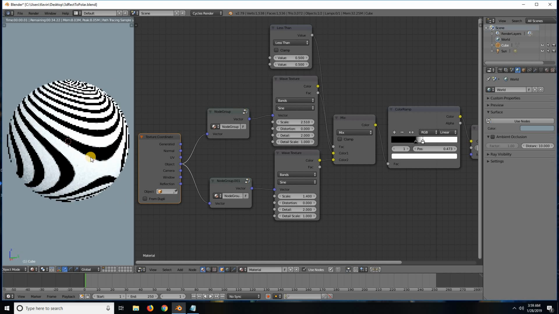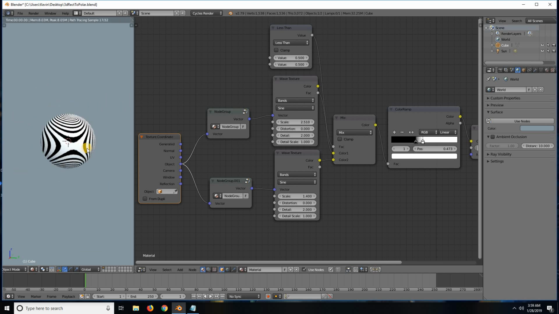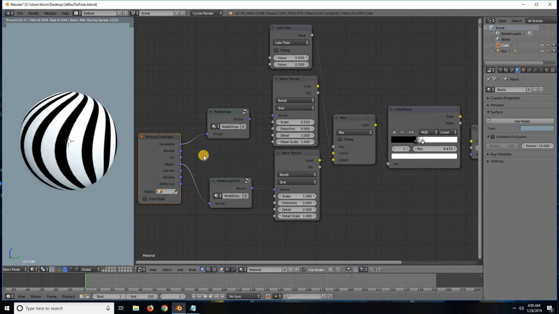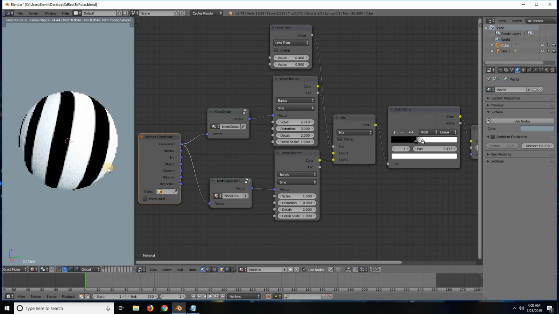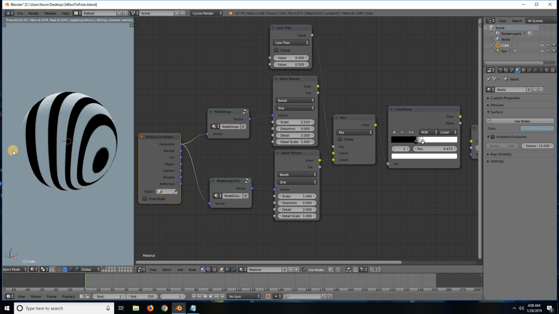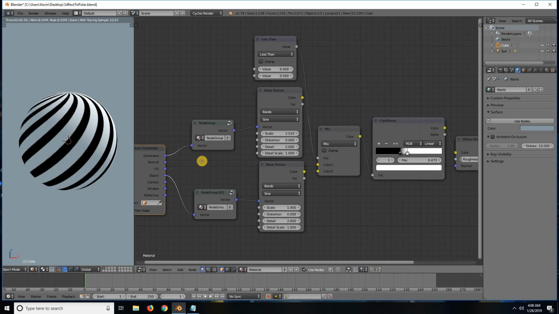I mean, don't get me wrong, it's kind of a cool pattern and all, but it's not exactly accurate or symmetrical by any means. So we just get results that we don't want when using the object-based coordinates off the two-dimensional node. However, using the three-dimensional node, we have to use the object-based coordinates, because if we use the generated coordinates, well, then we get an entirely different wrong result for what it is we're trying to achieve. So that's another difference between them.